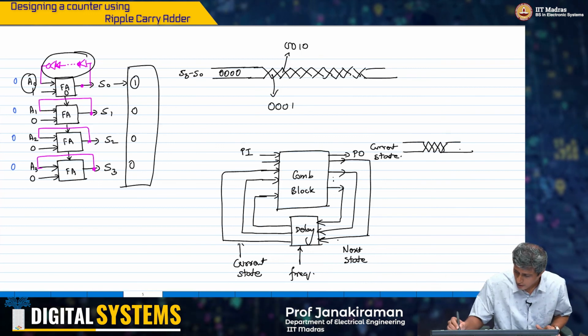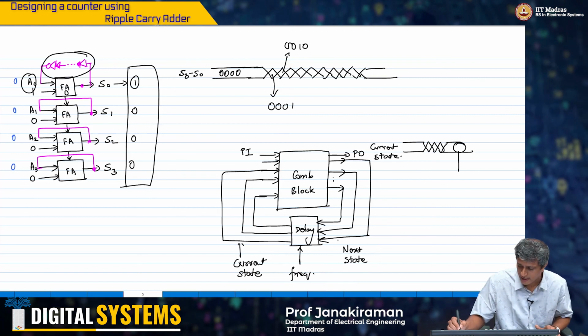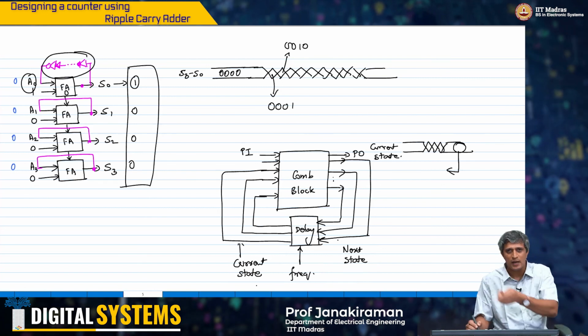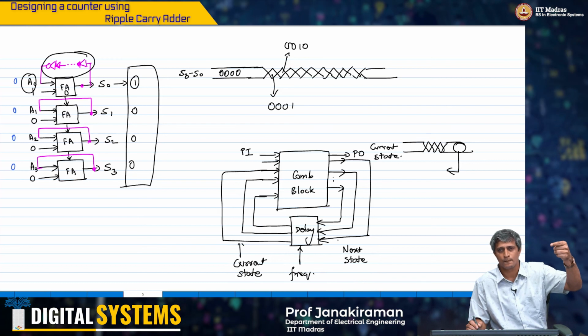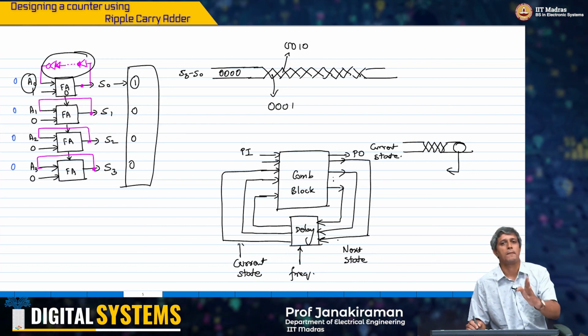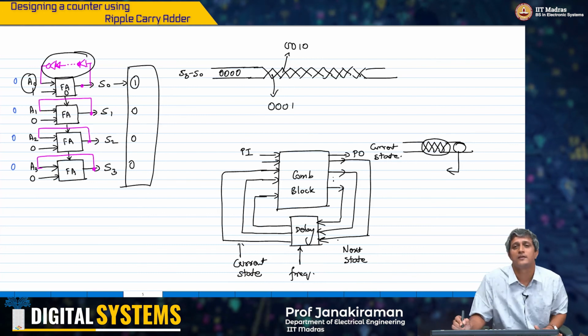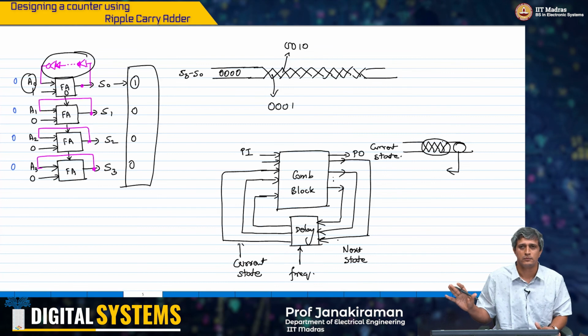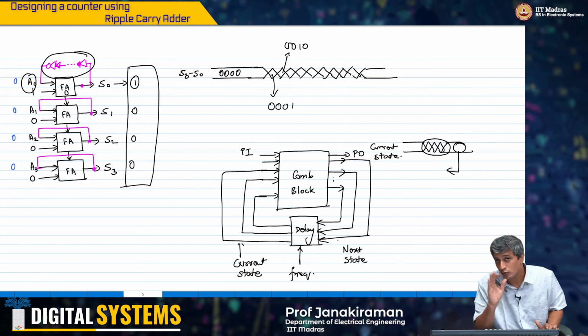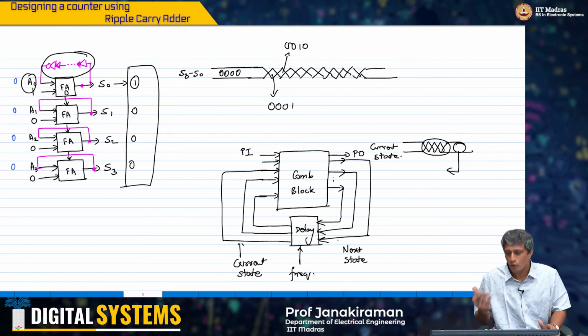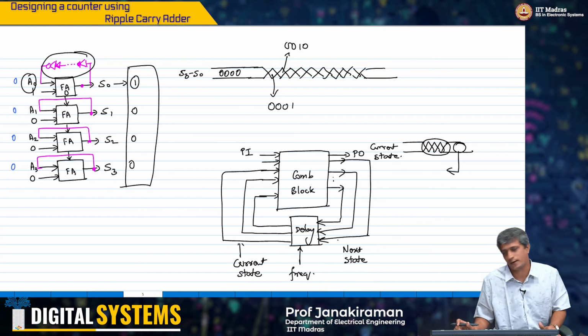I want this final state to be made available to the input, but all of them together at the same time. Okay, so I want to ignore these transitions somehow. That's the key idea that I want to implement, and we are going to see how we can implement that.